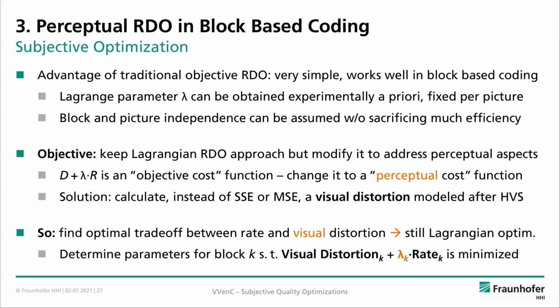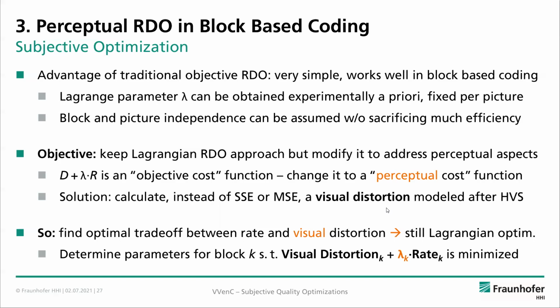And one potential solution is to calculate, instead of the traditional distortion measure SSE or MSE, a visual distortion modeled after the human visual system. So ultimately, we would try to find an optimal trade-off between rate and visual distortion, which, as we could show in previous publications, can still be addressed by Lagrangian optimization.